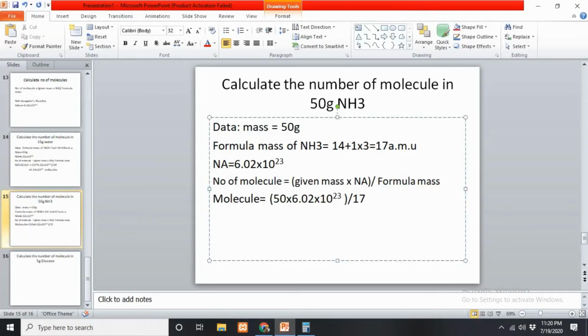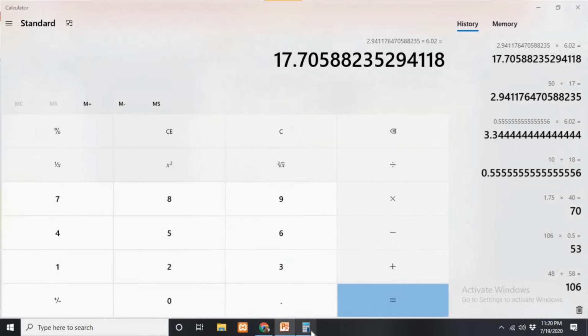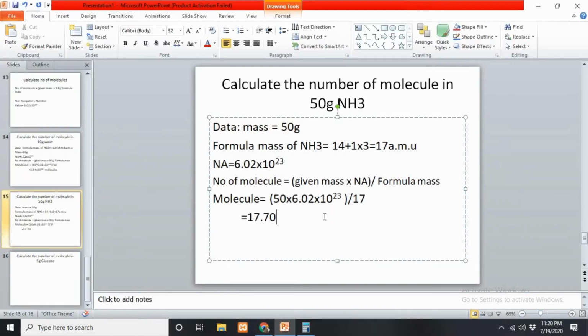So 17.70, and the remaining 10 to the power 23 will be pasted after that, and the unit will be molecules. So we can say that there are 17.70 × 10^23 molecules in 50 gram of NH3. This is how simply you can calculate the number of molecules.